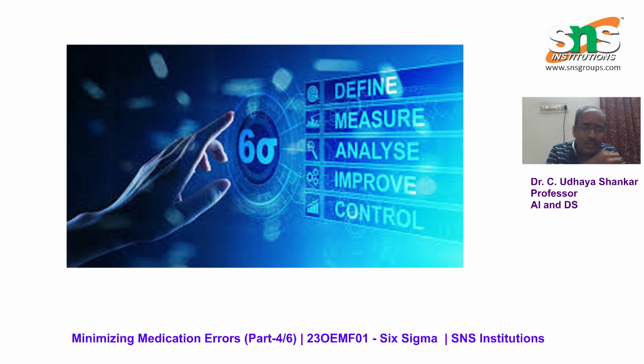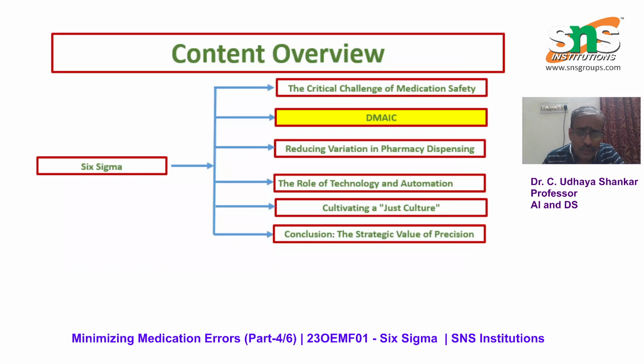Is it right? We have discussed many things related to DMAIC in the previous videos on this particular topic. We have discussed the critical challenges of medication safety, and then we entered into DMAIC. This is where we stopped.